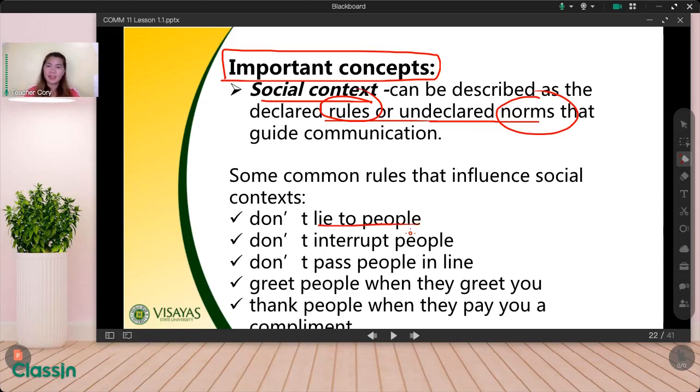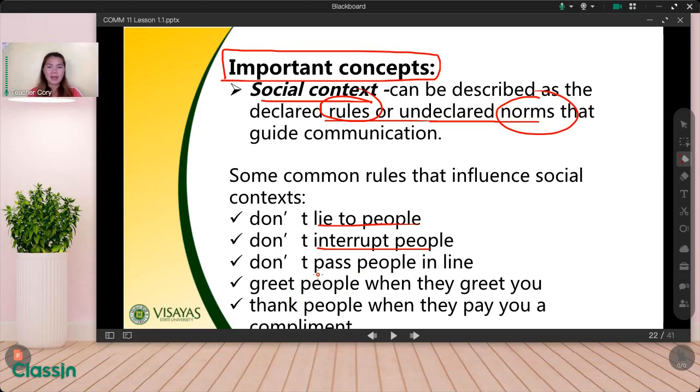If you lie, that would be offensive, and it will change the atmosphere of the communication setting. Don't interrupt. This is also a norm. If someone is speaking and you keep on interrupting, that would be really offensive, and it can affect your conversation because it might offend the person and divert focus from the exchange of messages. You might end up arguing.